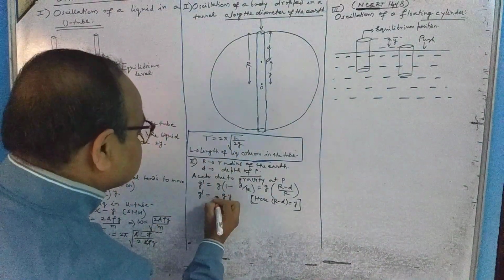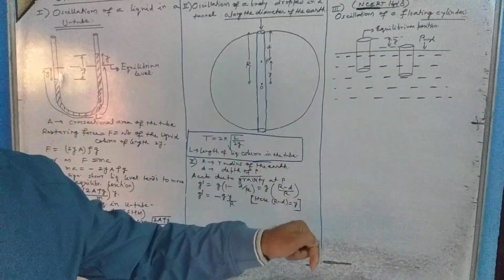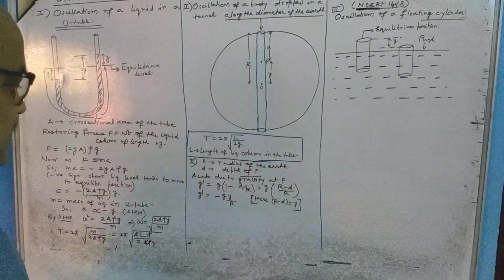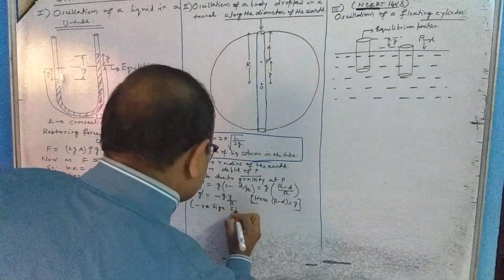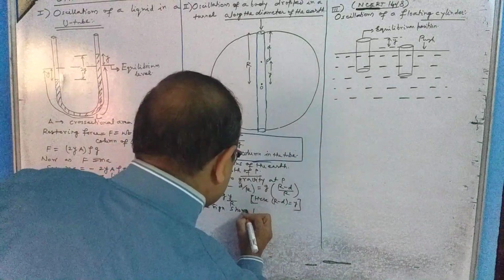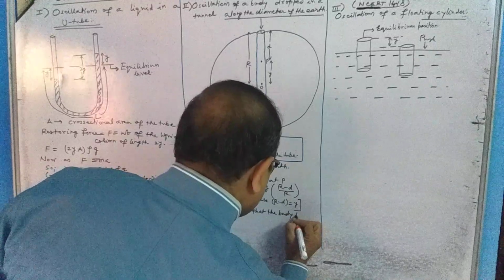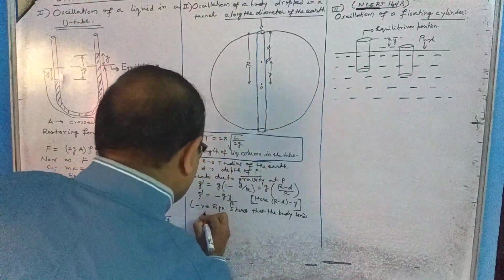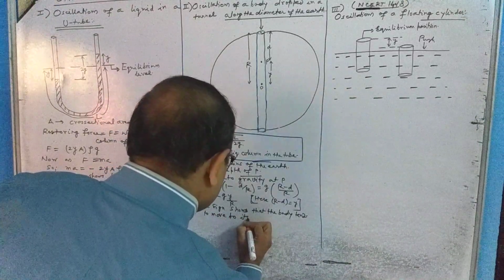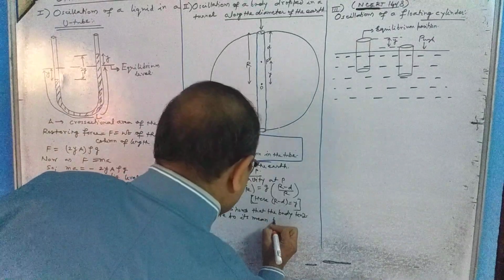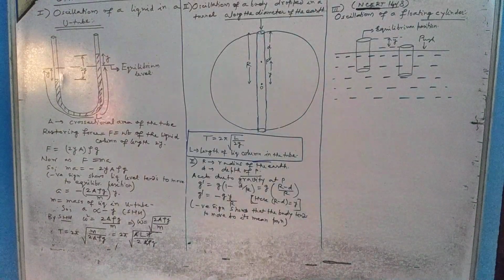And I put a negative sign because the body tends to move towards the mean position. The negative sign shows that the body tends to move to its mean position.